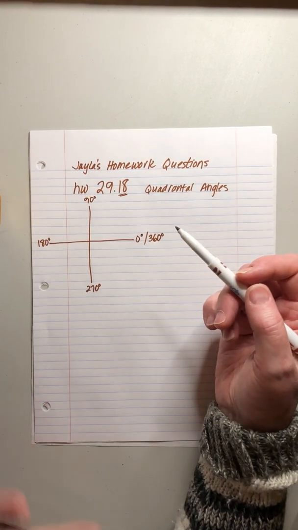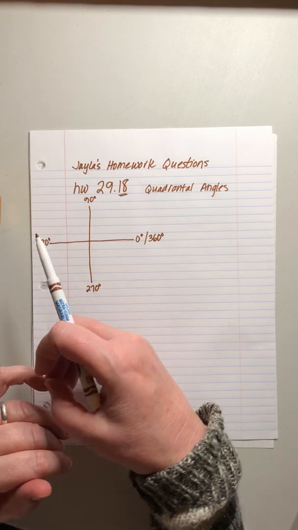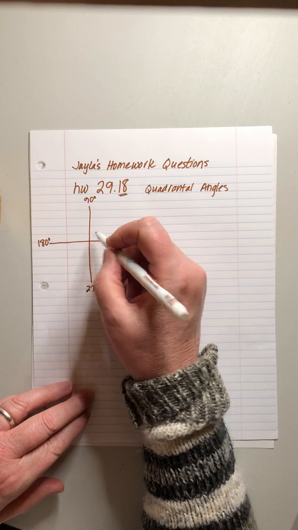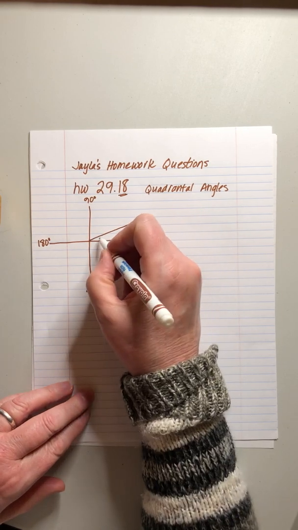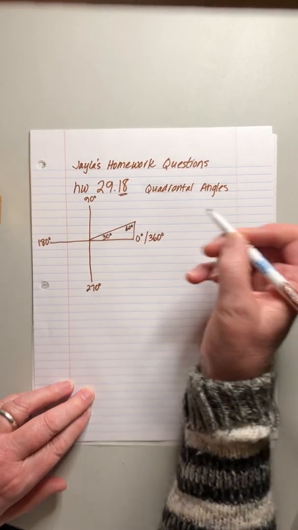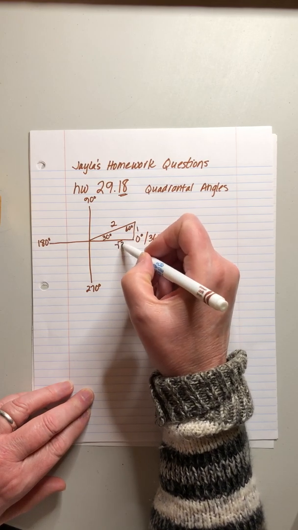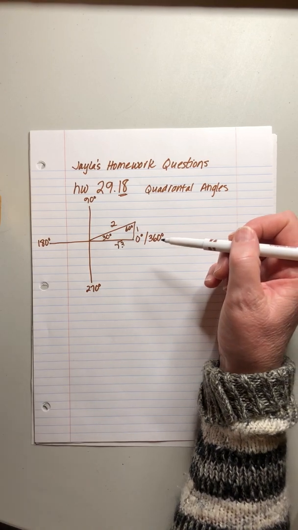Okay, and what we've seen is that we can calculate values for sine and cosine depending on how big the angle is, right? Like right here, if this is 30 degrees, oh, we know how to do this. This is 60 degrees. And then we know the lengths of these sides, 2, 1, square root of 3. And we can find sine and cosine using these values.